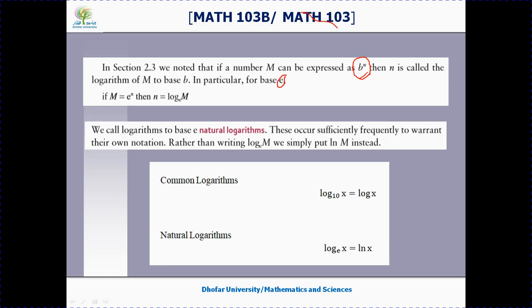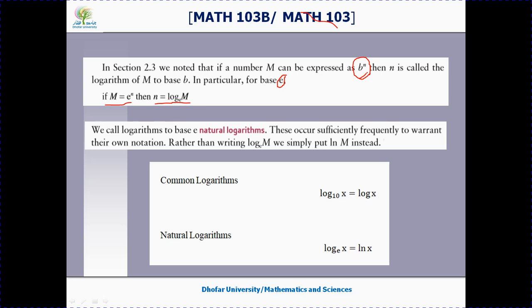So I just replace b by e. Then if we have m equals e to the power n, then n equals log m at the base of e. So what is the main difference here? Instead of having b, I have now e.